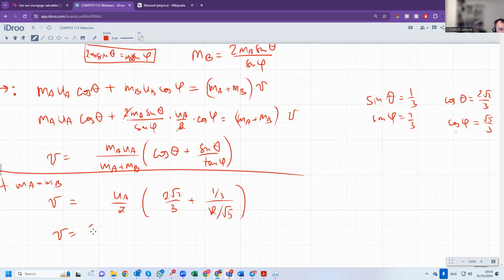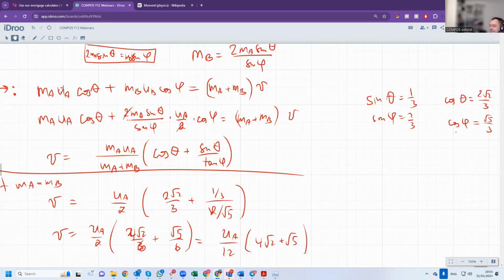So V is going to be UA over 2 multiplied by 2 square root of 2 over 3 plus square root of 5 over 6, which is UA divided by 12 times 4 square root of 2 plus square root of 5.